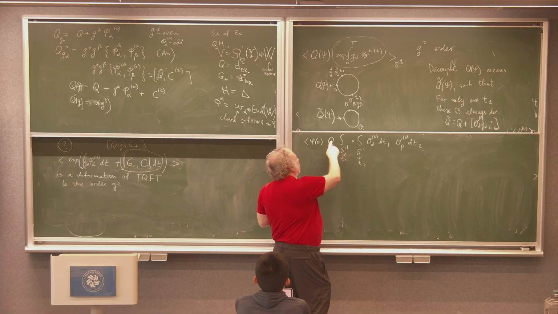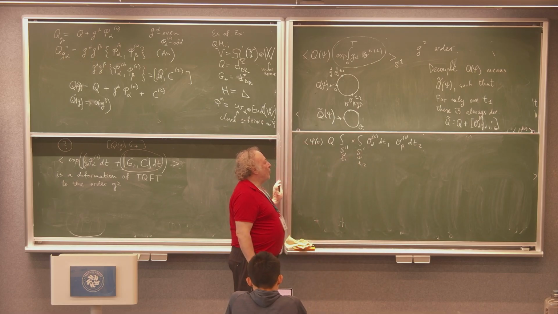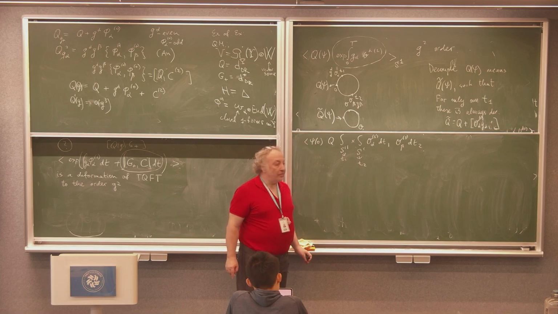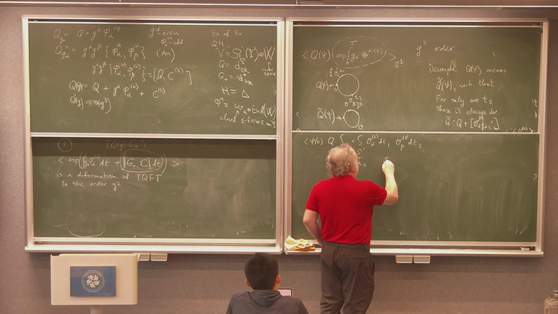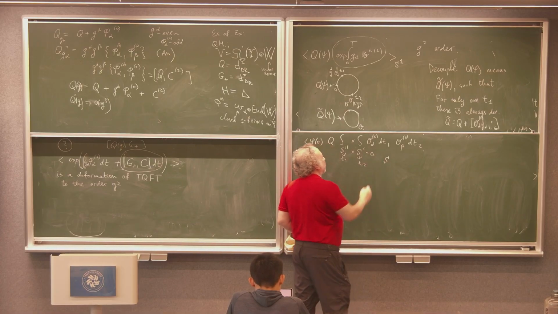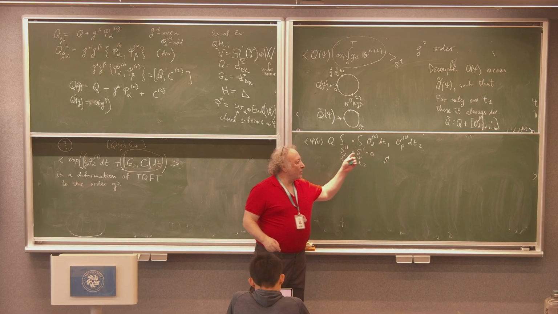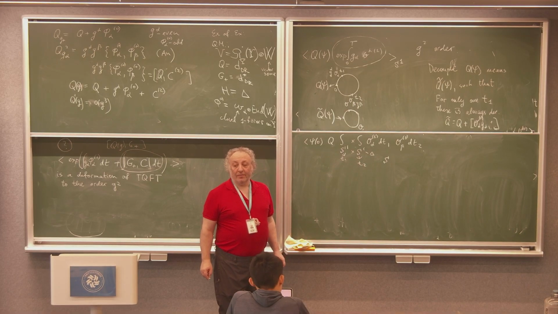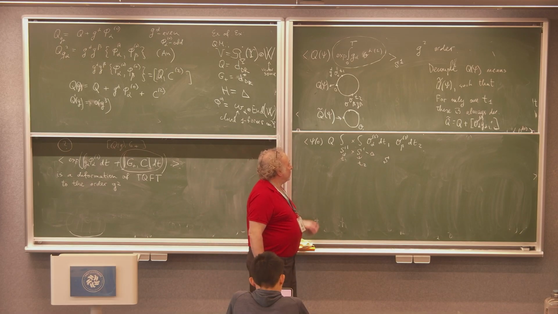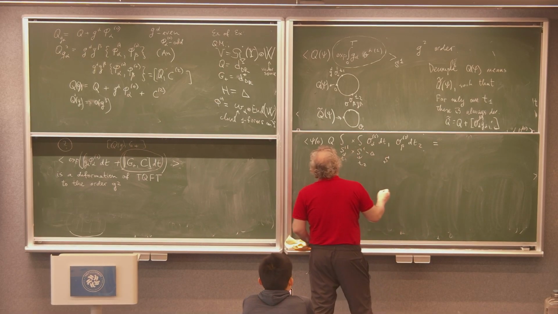Now we use the fact that Q applied to O gives total derivative. And we also use the fact that we integrate over S1 times S1 minus diagonal. Because correlators could jump. That's why we cannot ignore it. So what is this?